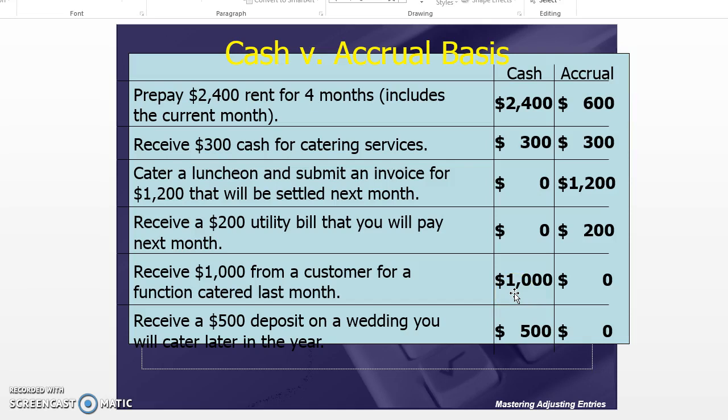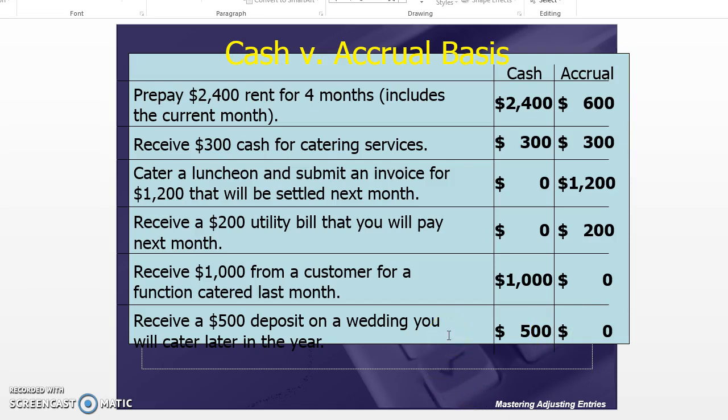But since the cash came in now, we're going to recognize $1,000 in revenue now. But under our accrual method of accounting, we recognize $0. Why? Because at the time we performed those $1,000 in services, we had already picked up $1,000 in revenue. We're not going to do it again now. We pick it up when we earn it. So in this scenario, it would be $0 for accrual basis.